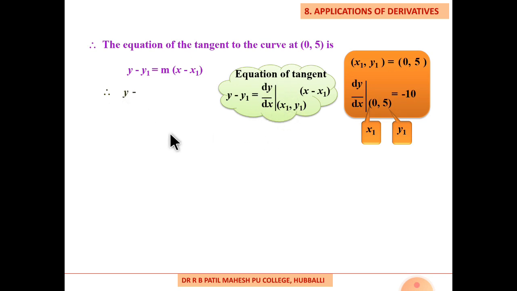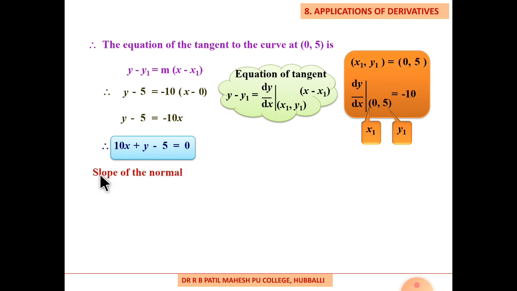Now substitute the values. y1 is 5, m is minus 10, which we just calculated, and x1 is 0. Simplify: y minus 5 equal to minus 10x, so 10x plus y minus 5 equal to 0. This is the required equation of the tangent.